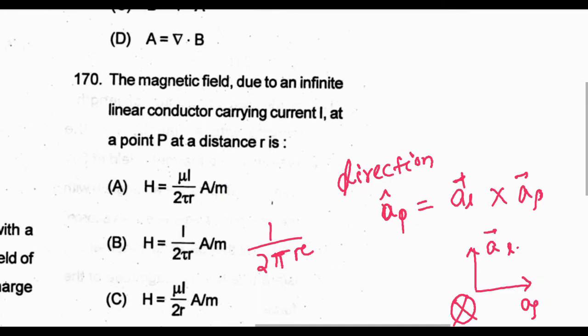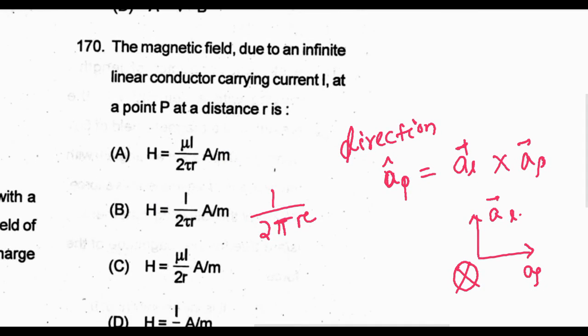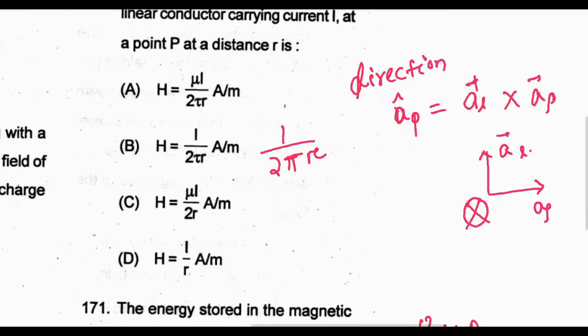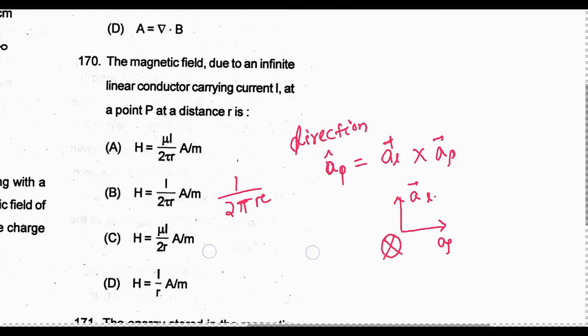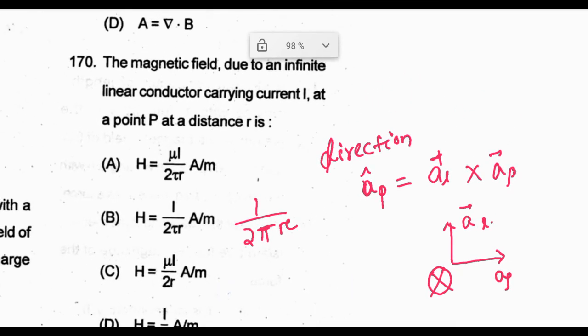Next is the magnetic field due to an infinite linear conductor carrying current I at a point P at a distance R. This is the magnetic field formula, I by 2 pi r, that means current by 2 pi r.